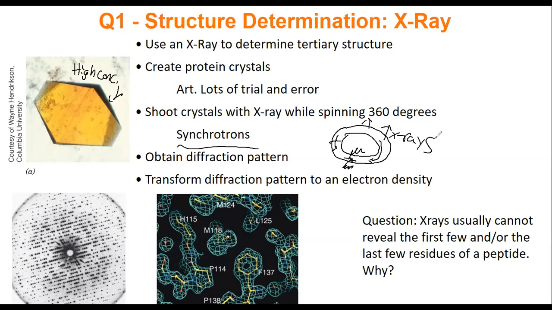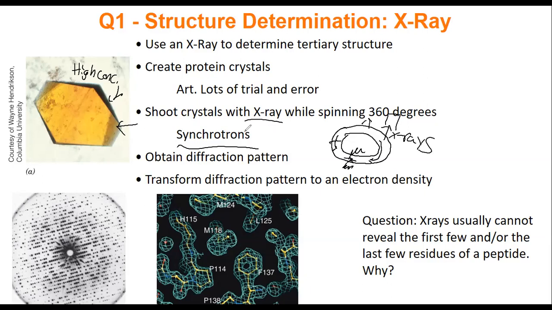So you have X-rays coming off of these beams. And biochemists sit in little rooms and they harness these X-rays to shoot crystals, right? So that's how it's done in the real world. If you know that X-ray crystallography is done by taking a crystal and shooting it with an X-ray, we're good on that front.